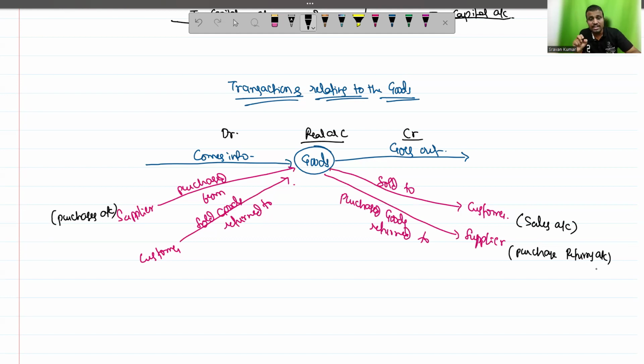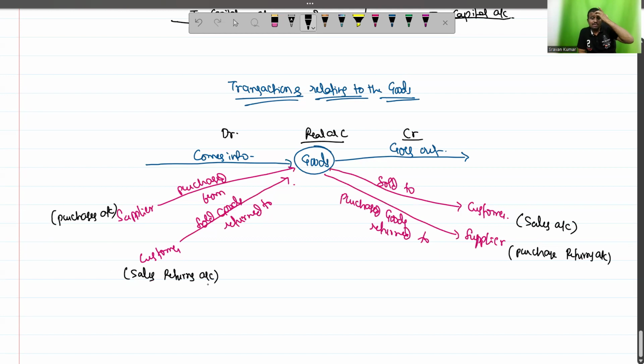And if the goods sold to the customer are returned by the customer, we have to use the word sales returns account.